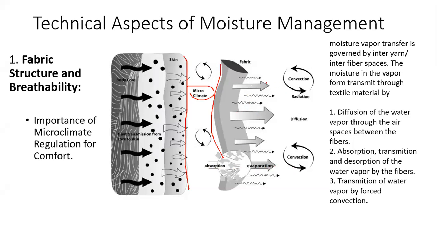And for all these things, whether it is adsorption, diffusion, or wicking, not only the fabric property is important, but also the condition in the macroclimate is very, very important.